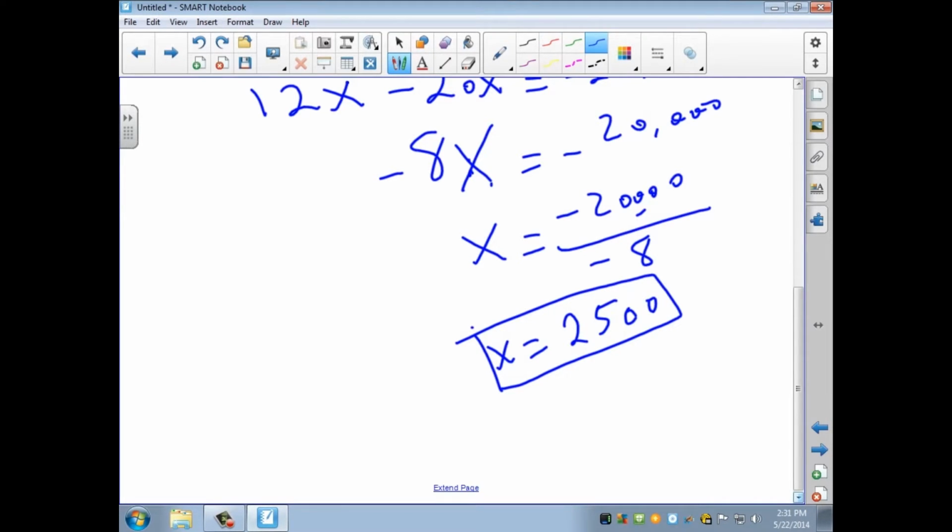That means cost would be equal to revenue. When cost is equal to revenue, profit would be 0. Profit, which is the difference between revenue and cost, would be equal to 0.